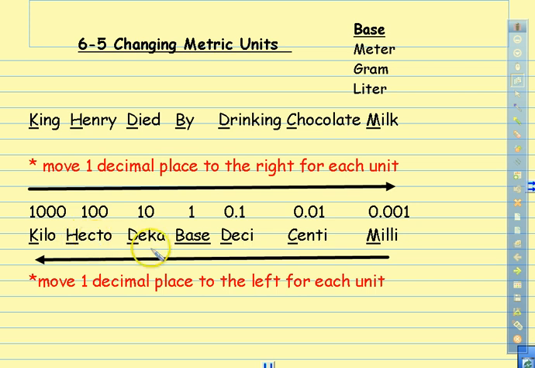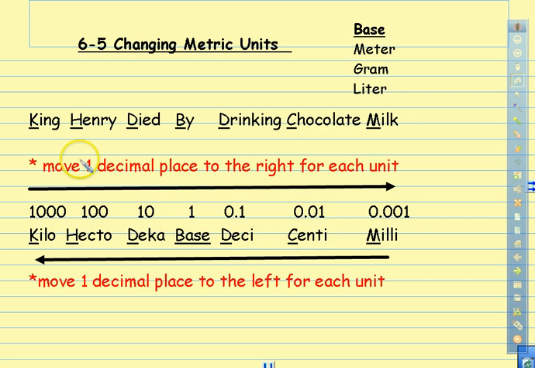So a hectometer, decameter, decimeter, centimeter, a milliliter, or if we put grams in there, a kilogram, hectogram, decagram, and so forth. This is just a little saying so that you can get a quick reference as to what these particular items are in that particular order.